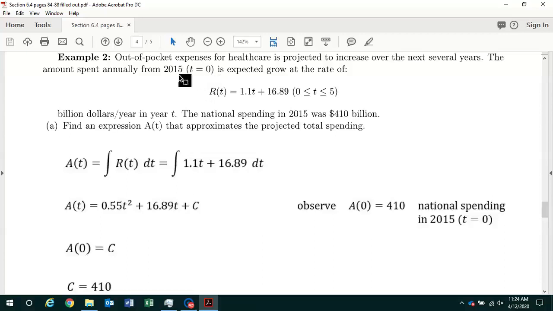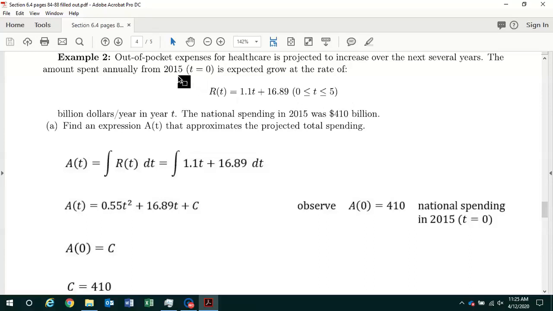So t equals 0 corresponds to the year 2015. And this is a rate, right? So this is a rate of change as a function of time. R of t is equal to 1.1t plus 16.89. And this expected growth rate is for t equals 0 to 5.